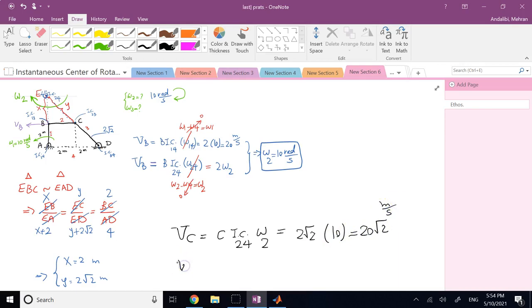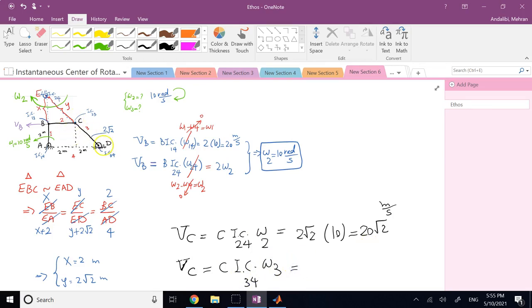But remember, C also belongs to member CD. And this member CD, or member 3, is rotating about pivot point 3, 4. So if I multiply the distance between C to center 3, 4 and multiply it by omega of that member 3, that should give me the same number.